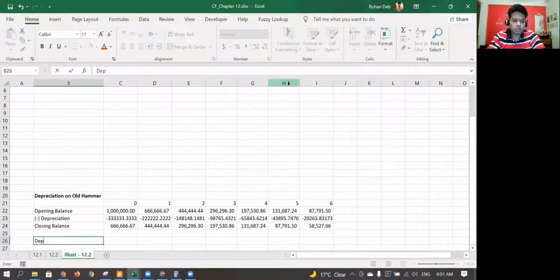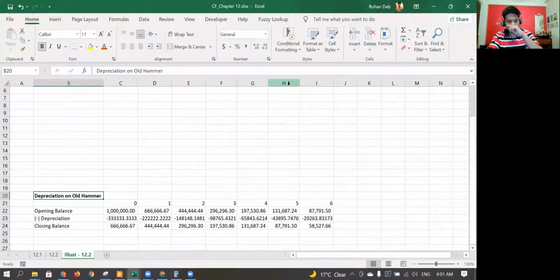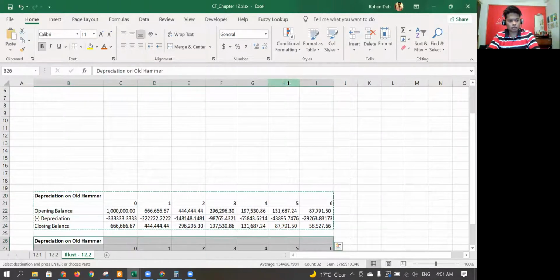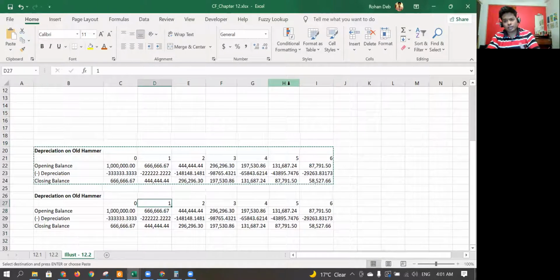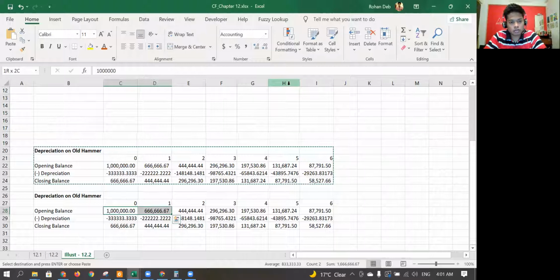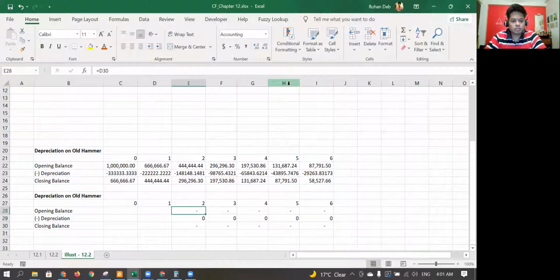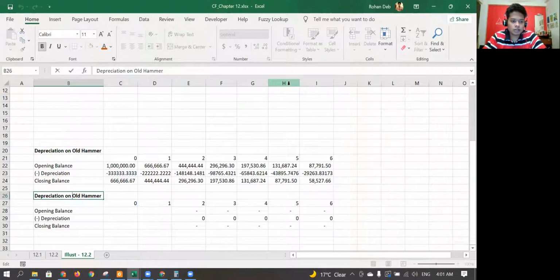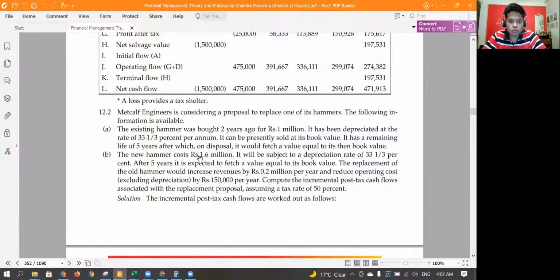Now there's a depreciation on the new hammer. Okay, so in case of the new hammer, what's it saying? The new hammer costs 1.6 million.